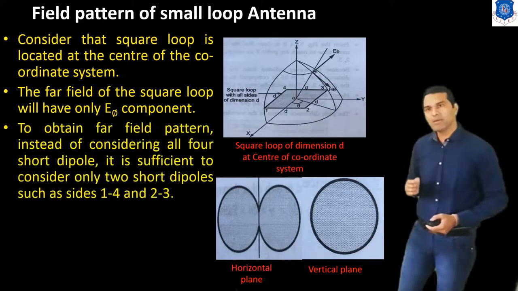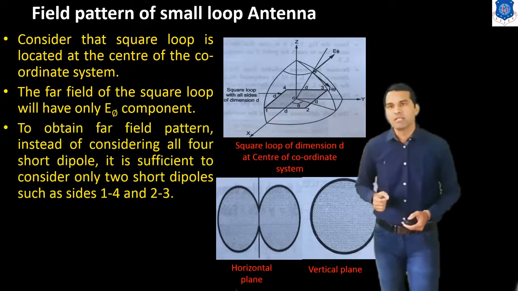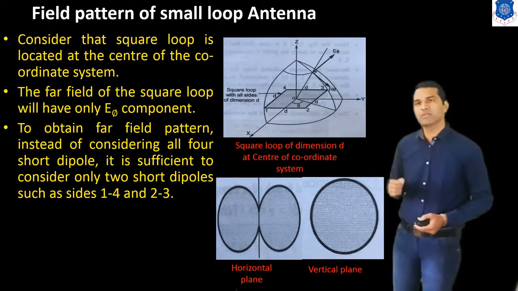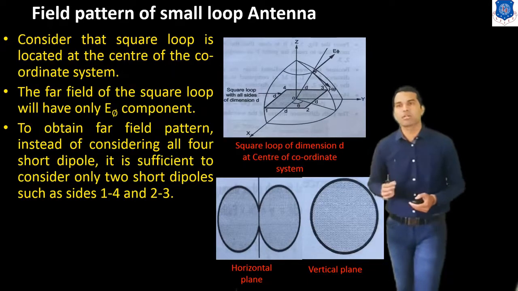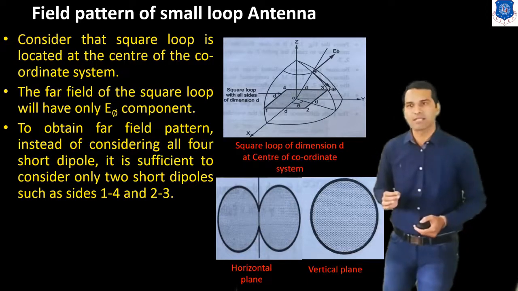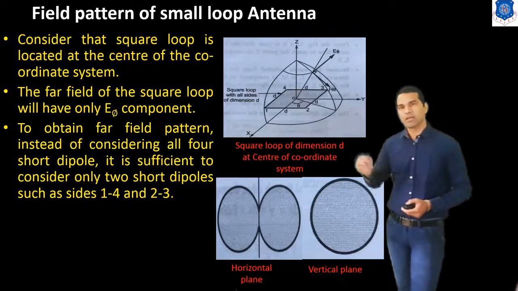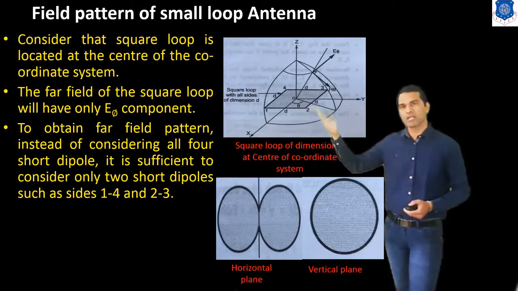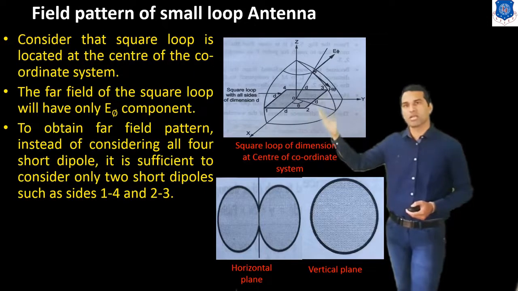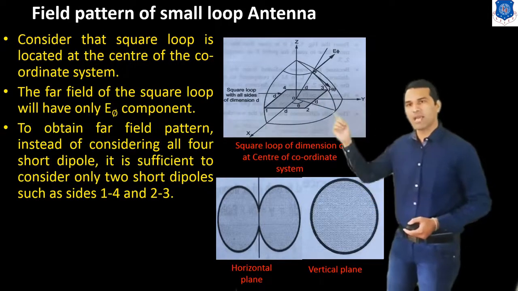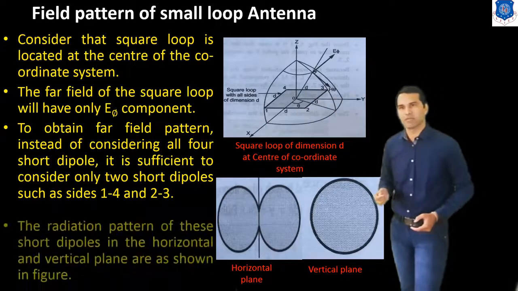To obtain the far field pattern, instead of considering all 4 short dipoles, it is sufficient to consider only 2 short dipoles, such as side 1, 4 and 2, 3. So instead of considering the 4 sides, that means 1, 2, 3, 4, we consider only 2 sides. The first one is the 1, 4 side and the second one is the 2, 3 side.